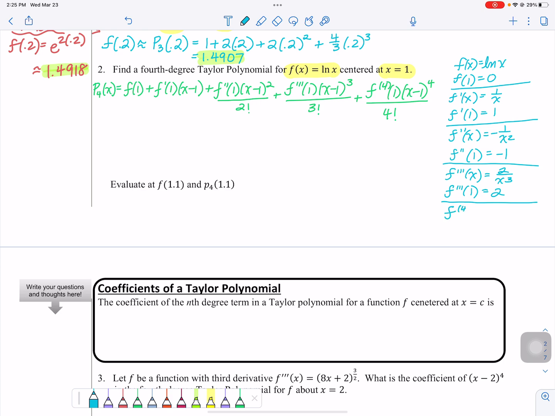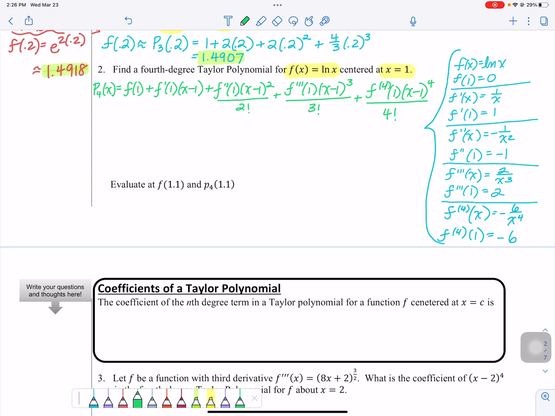The fourth derivative evaluated at x is a negative 6 over x to the fourth. And that derivative evaluated at 1 is negative 6. And so now we can plug these values in.